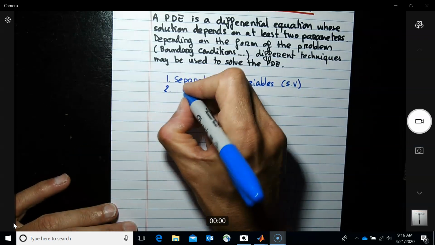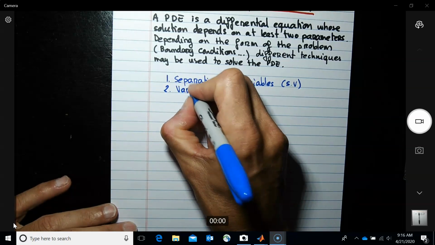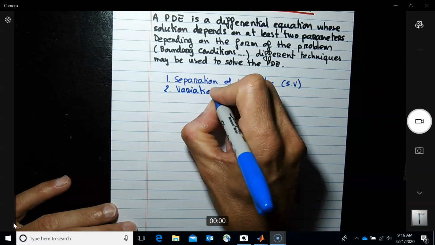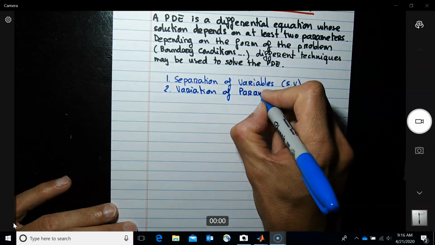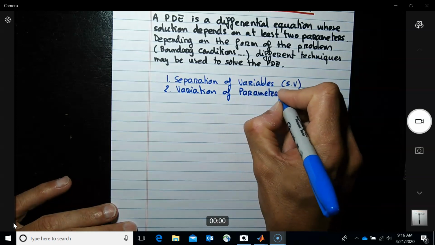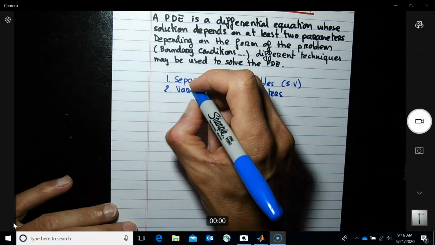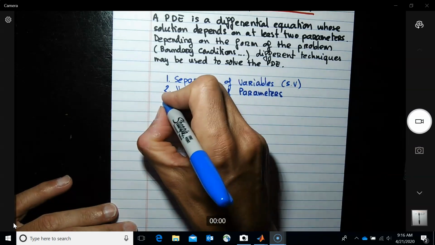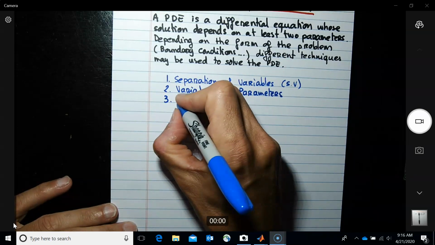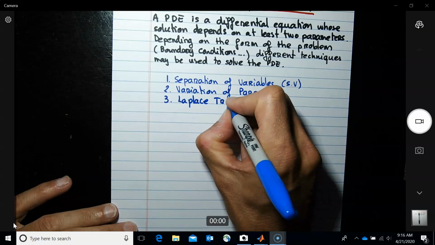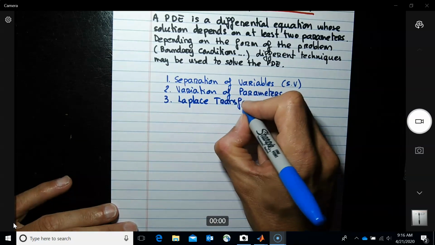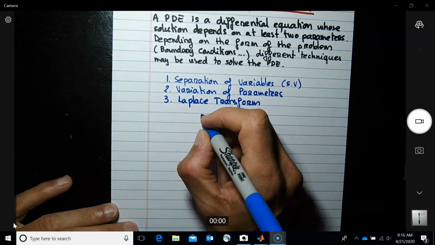Then one that I mentioned before is the variation of parameters. Three would be the Laplace transform, mostly used in controls and electrical engineering.